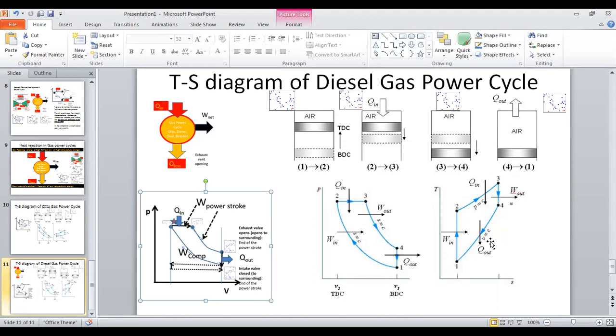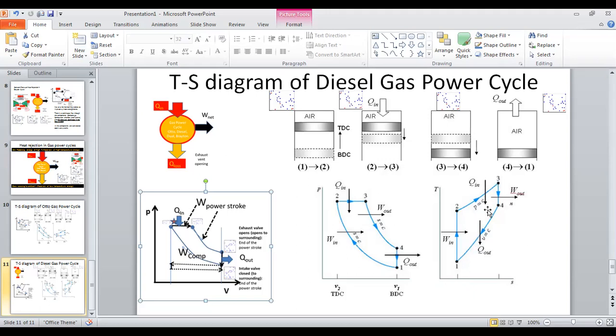Then 4 to 1, of course, you are releasing energy through exchange with the atmosphere, ambient, or low temperature reservoir. There you can consider a drop in entropy, meaning there is a relative difference between the entropy at 4 and the entropy at 1. So this is how 4 to 1 can be connected.